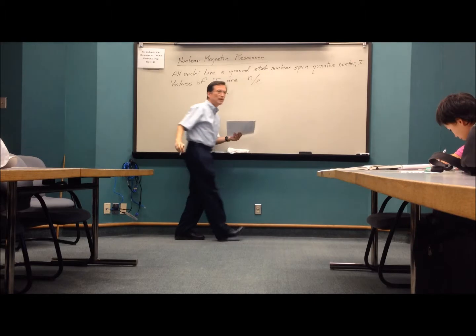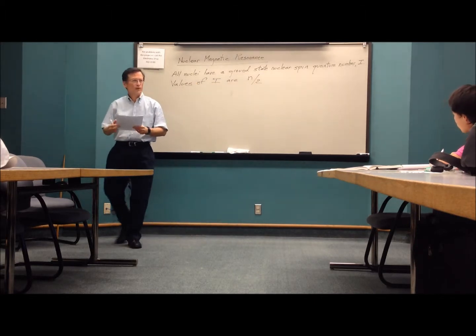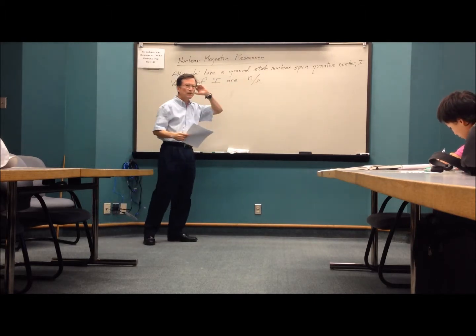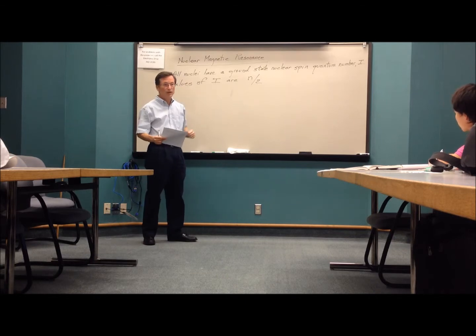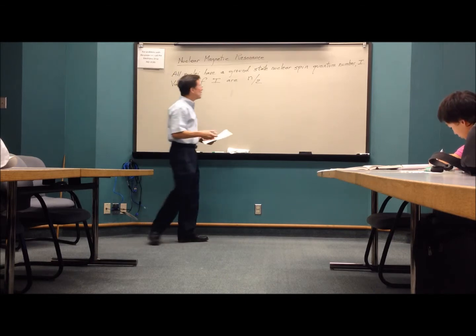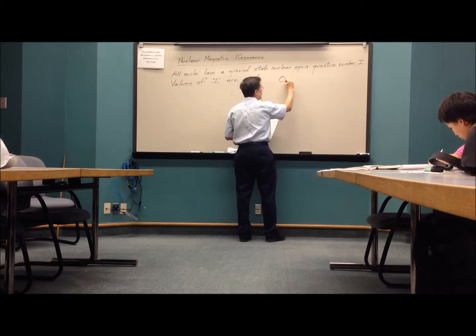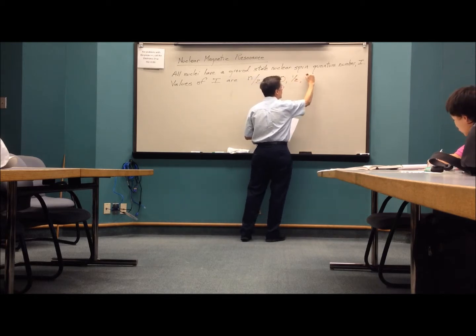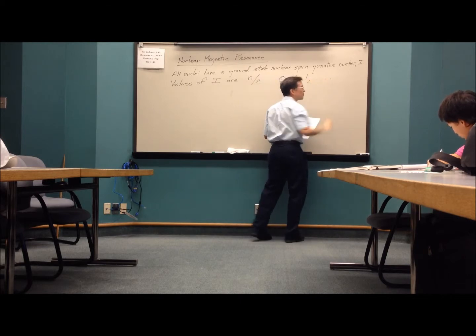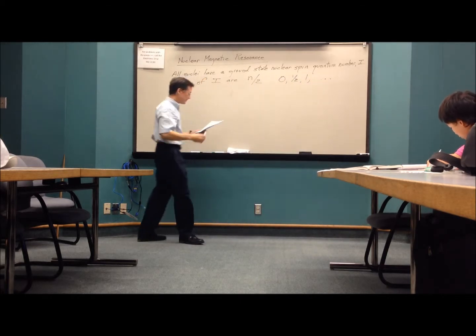Okay, and for various reasons, they're listed in values of 1/2. So the simplest is, so they can be 0, 1/2, 1, all the way up here.